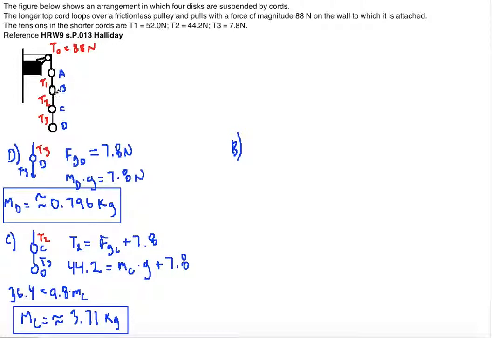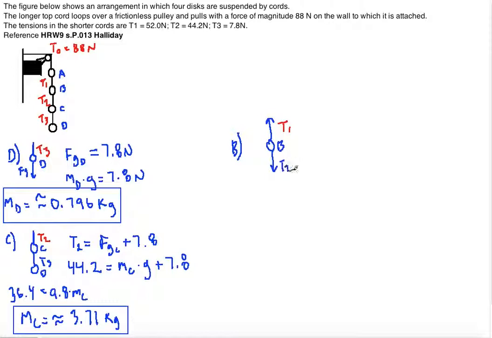All right, so let's look at mass B. We have the mass B, and we have a force upwards, T1. This is T1. And then we also have a force downwards.